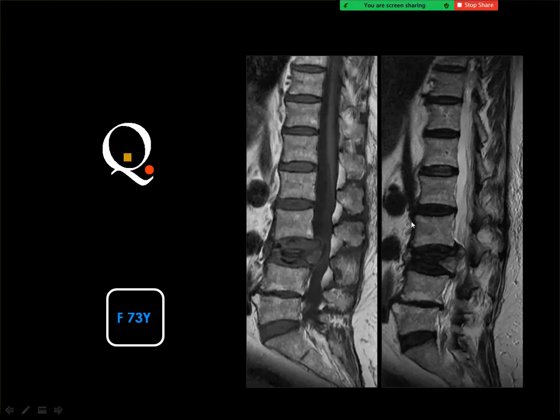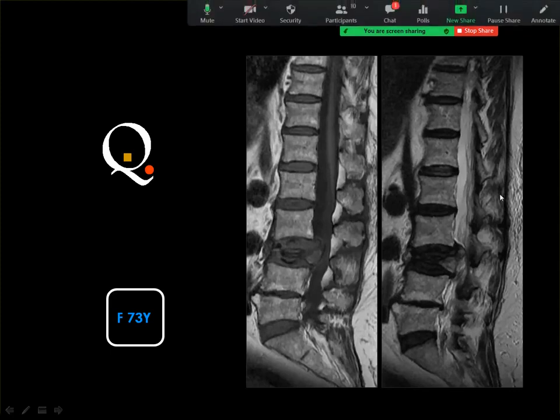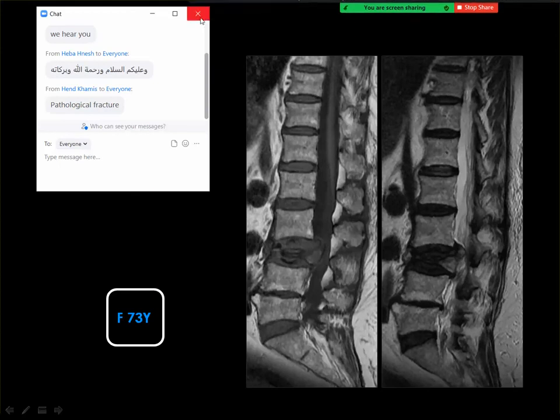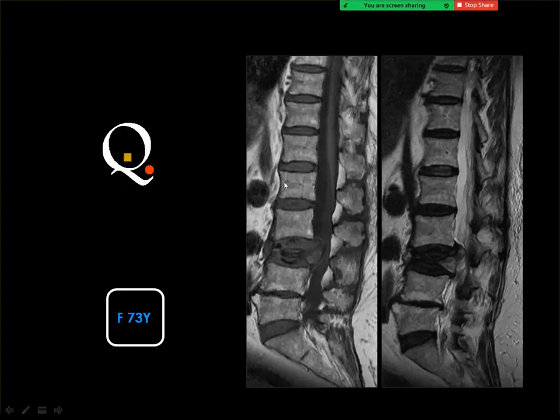Then I have to answer this. We have a lesion at the L3 vertebral body. The body is almost totally collapsed with abnormal signal, low signal in the T1 and high signal in the T2.